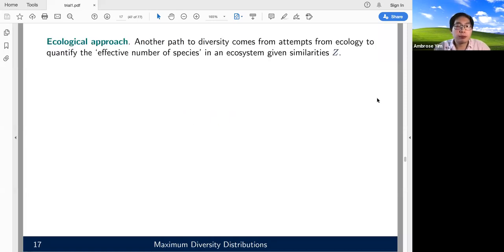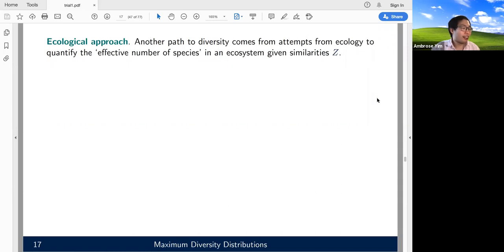If you're an ecologist trying to study an ecosystem, and you want to quantify the effective number of species, obviously if I have a zebra and a horse, those two are very similar, and you might call that almost one species.